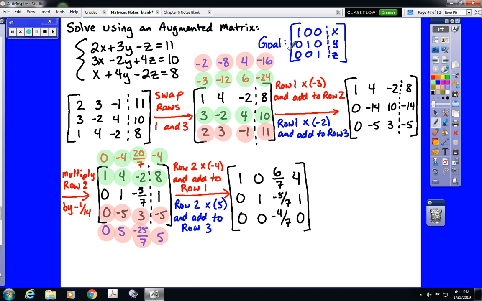So now I need to get the 1 for the third column, which would be where the -4/7 is. So I'm going to multiply, and this will actually go to the next page. I'm going to multiply row 3 by the reciprocal of -4/7, which is -7/4.